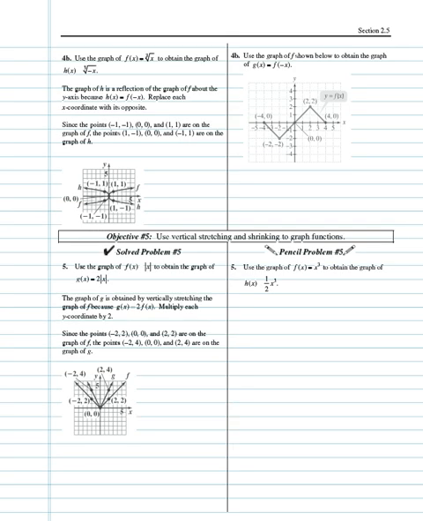Use the graph of f to obtain the graph of g of x that's equal to f of negative x. So technically what's happening in this graph is they give us the graph f of x and they're asking us to find the graph of g of x, which is obtained by changing x in f of x to negative x.